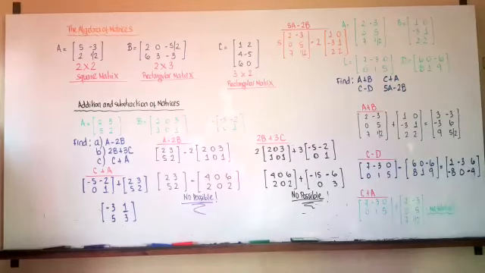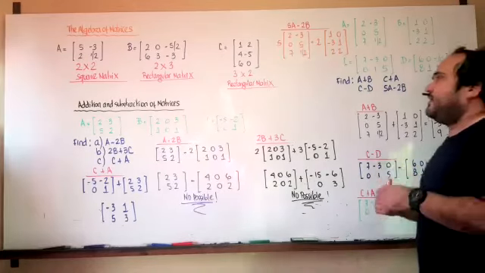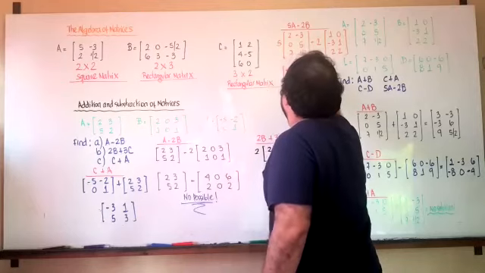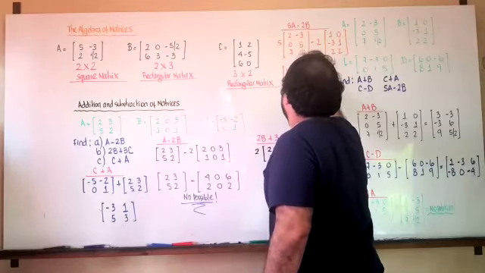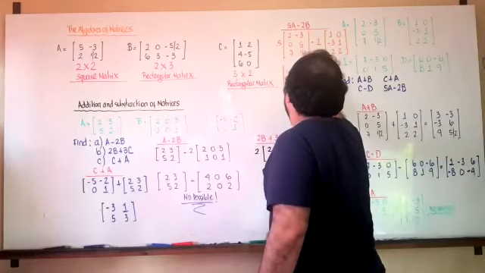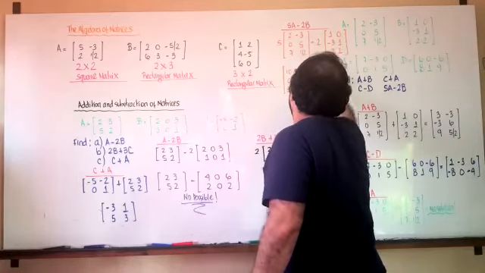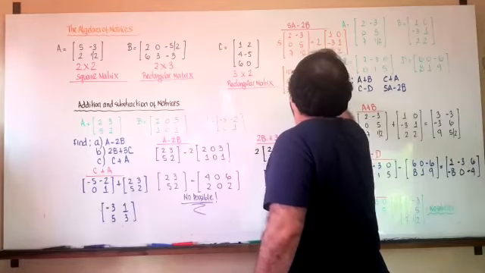First of all, every time we have a number multiplying a matrix, that number is supposed to multiply the entire matrix. That means we got 10, 0, 35, negative 15, 25, and 5/2.